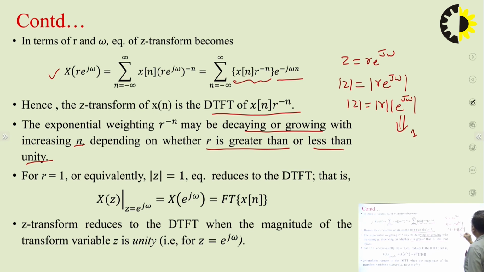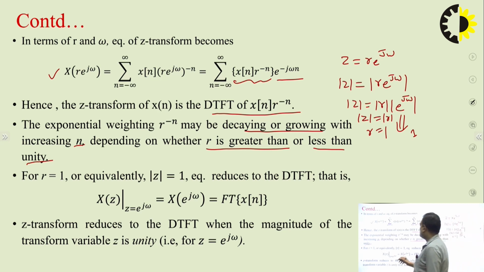Because you write e to the power j omega as cos omega plus j sin omega, then solve it and you will get 1. So mod z equals mod r, and in our case r we are taking as 1.